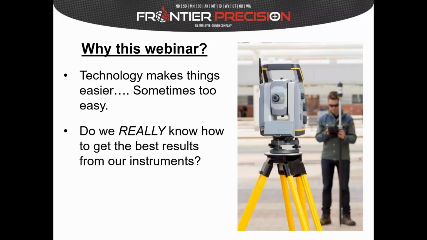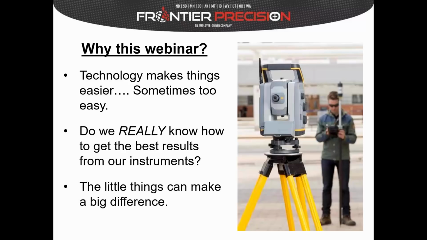Unfortunately, not all of us have the experience of working with theodolites and steel tapes back in the day and manually calculating things. Maybe if we simply change our procedure a little on how we traverse or shoot in control, we can get better, more consistent results. Sometimes it's the little things that make a big difference, especially when using a total station. We'll go into some of this in more detail.